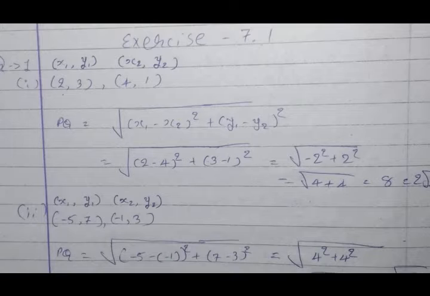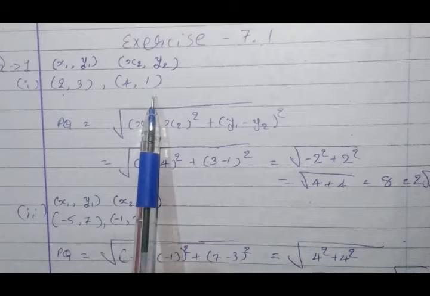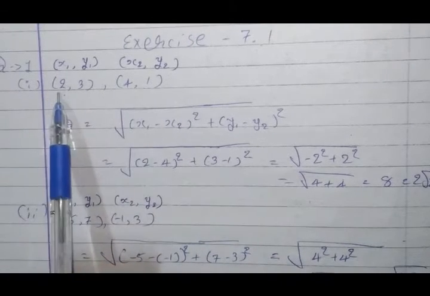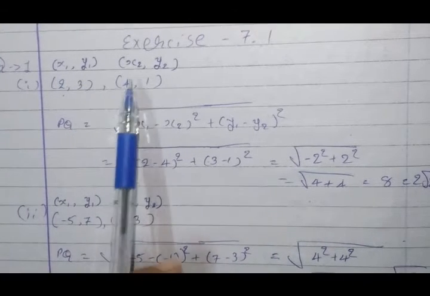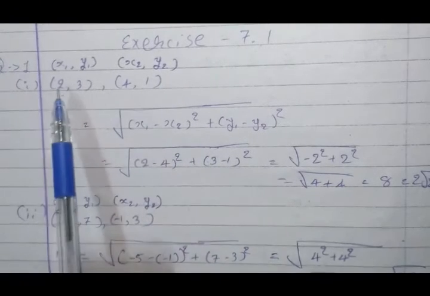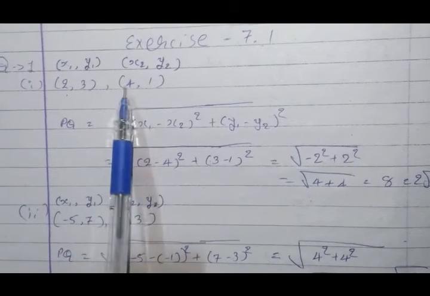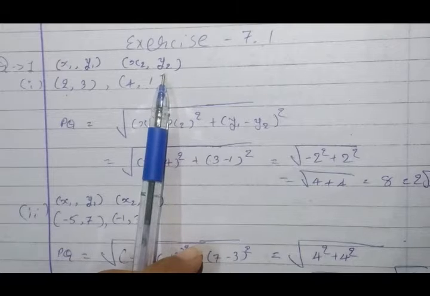Find the distance between the following pair of points. First one (2, 3) and (4, 1). Suppose this is P and this is Q. Now 2 represents x1, 3 represents y1, 4 represents x2 and 1 represents y2.